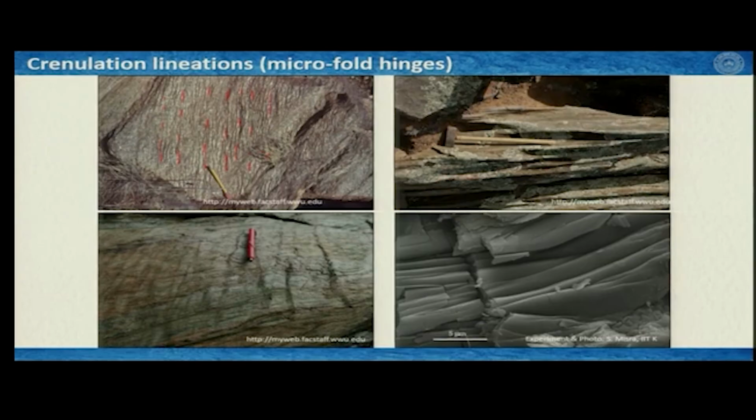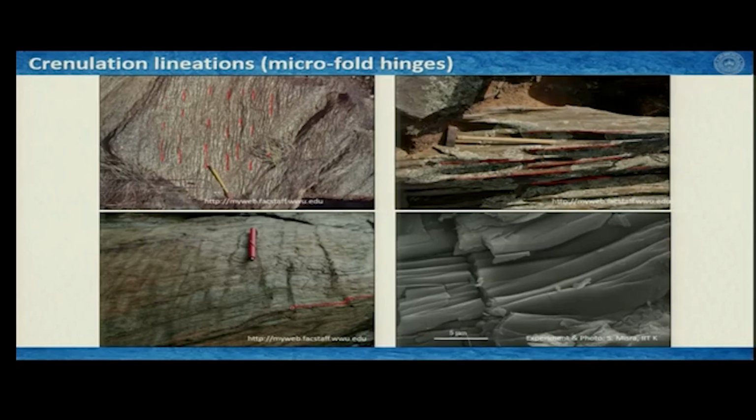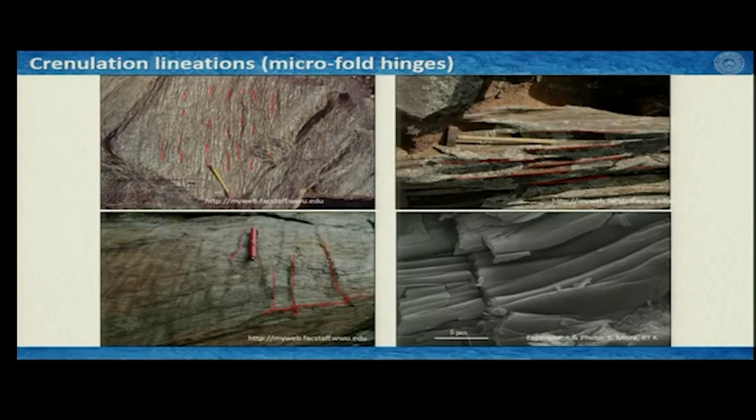You can see this also in a different way in this image. Again, these are your crenulation lineation. Here as well, you see some sort of asymmetric crenulations, and these are the hinges of these asymmetric microfolds, and they are also defining the crenulation lineation.